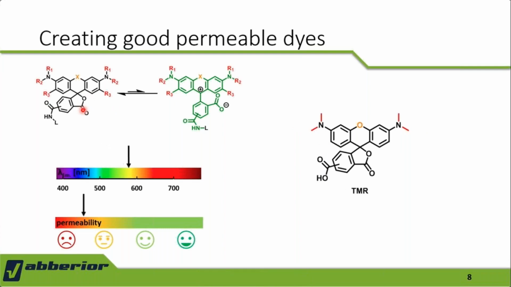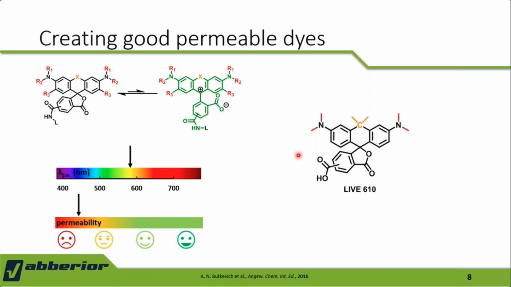Another example, if we return to TMR, we can exchange this oxygen by another atom, for example, by a carbon. Now that is a new class of fluorophore. It is not a rhodamine anymore. It is a so-called carbopyronine, and we named it Life 610. And there are also these two effects.